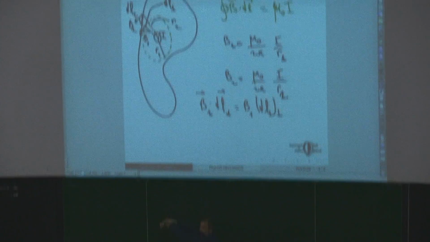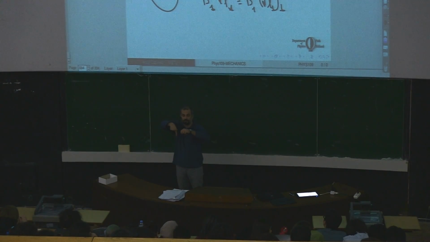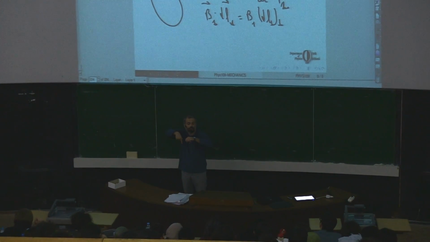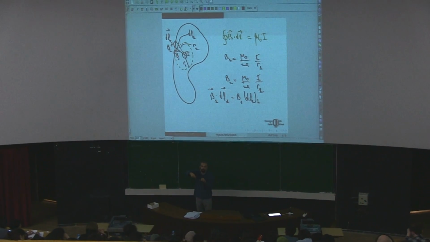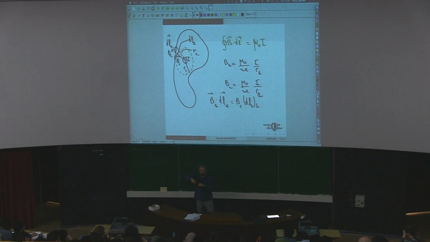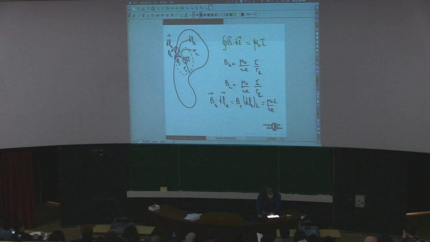If I take the scalar product of this vector and this vector, I can write this scalar product as the magnitude of this vector times the projection of the other one in the same direction. That is what I'm calling dl1 perpendicular. It is perpendicular to this radius vector. Which is equal to mu0 over 2 pi I dl1 perpendicular over R1.